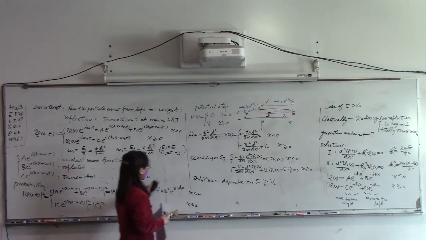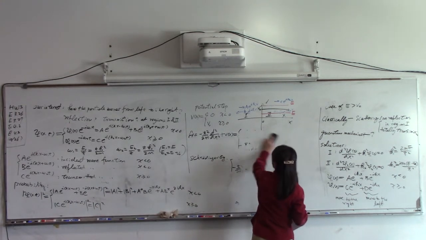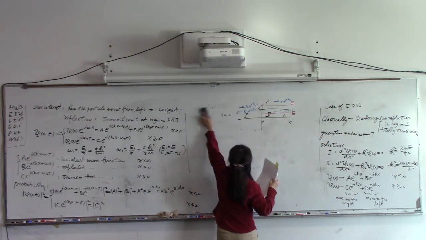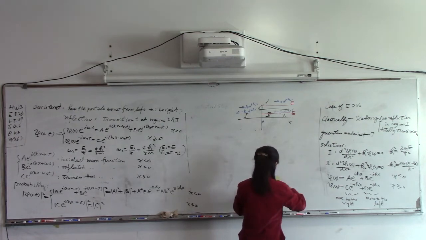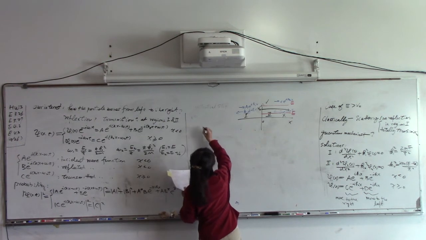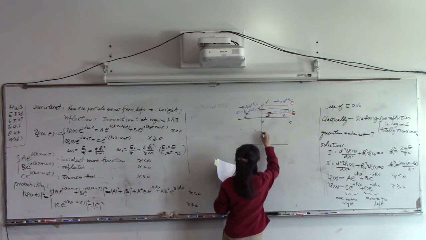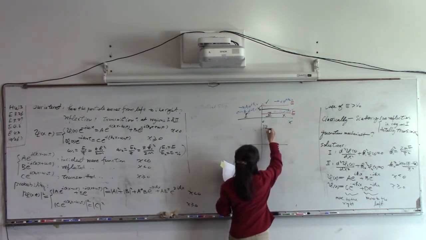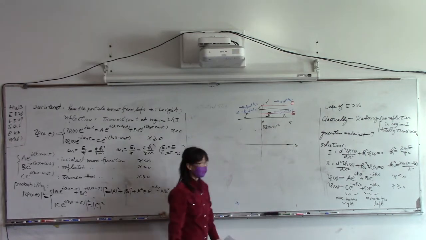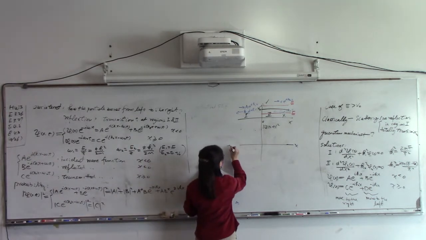Let's see what it looks like. You can plot the probability in this space, region 1 and region 2, as a function of x. This part is like a sinusoidal function.